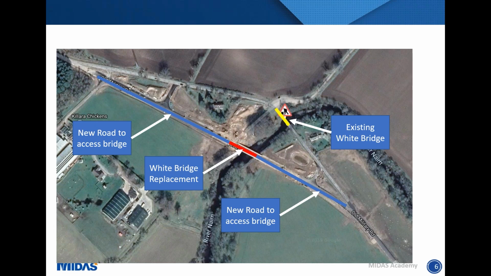An integral structure was chosen to comply with guidance from BD 57, used in the UK, which states that for structures not exceeding 60 meters and not exceeding a 30-degree skew, you have to have an integral structure, so no movement joints. Further to that, we also adopted weathering steel to minimize issues with maintenance, as this is a bridge over water. Those are some of the main considerations taken into account for the bridge.